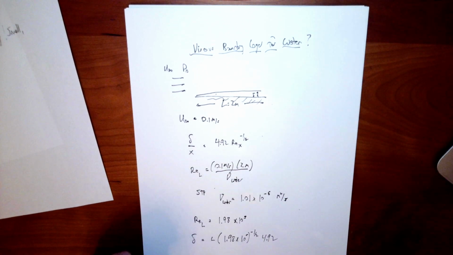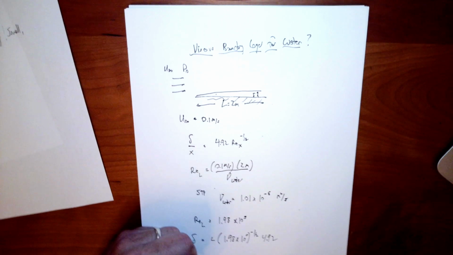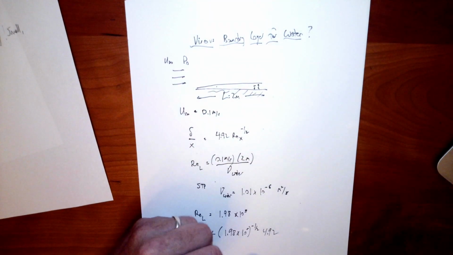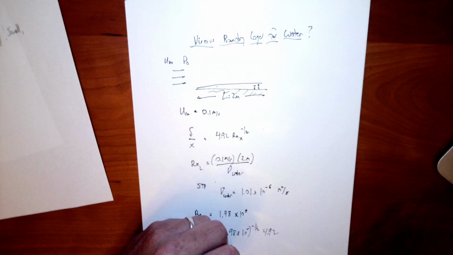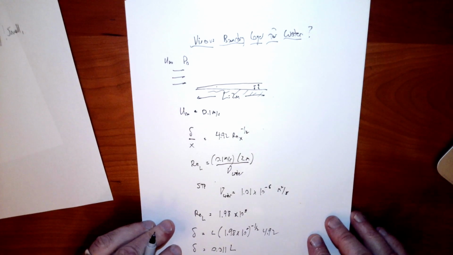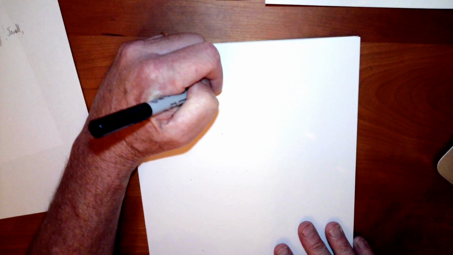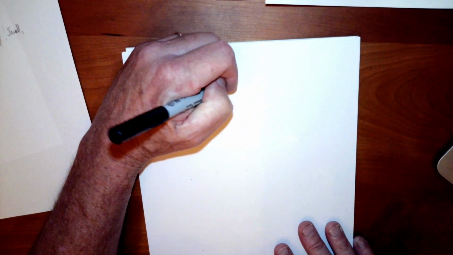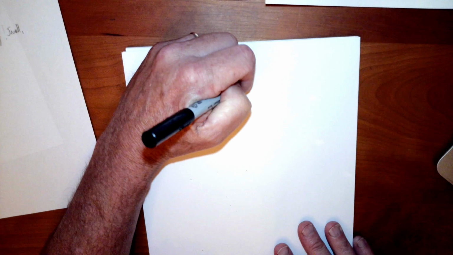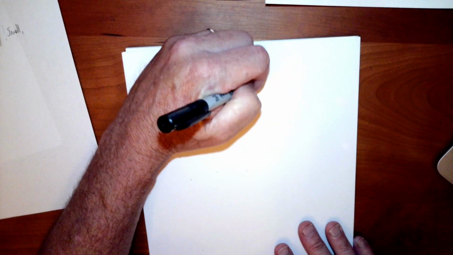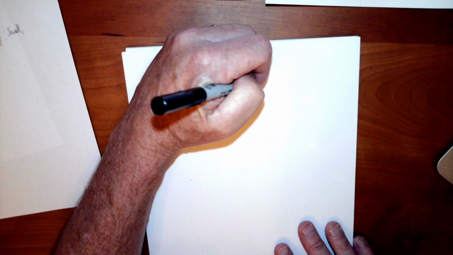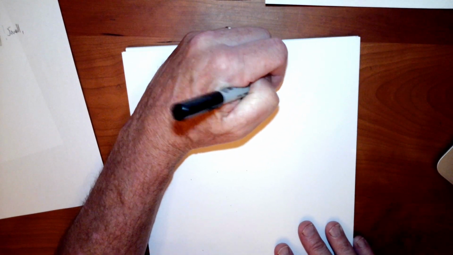That's just using our formula, which gives you a delta that's equal to 0.011 times that length. And when you plug in that 2 meters, we get that the delta for this water flow over that 2 meter plate is about 0.022 meters, which is about 2.2 centimeters.